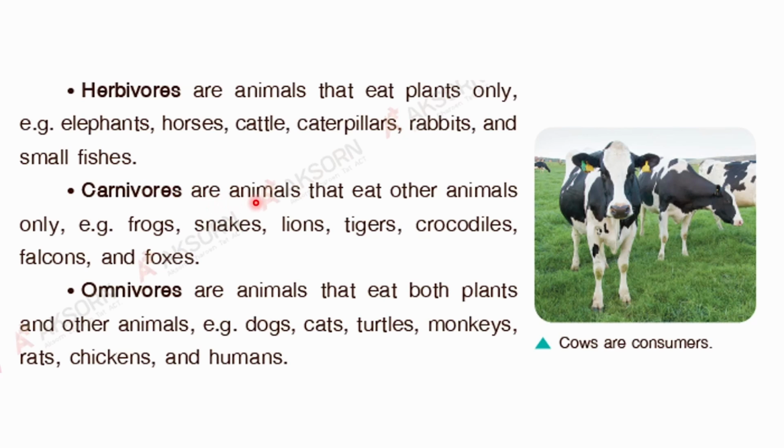Carnivores are animals that eat other animals only. Example: frogs, snakes, lions, tigers, crocodiles, falcons, and foxes. Okay, they all only eat meat.